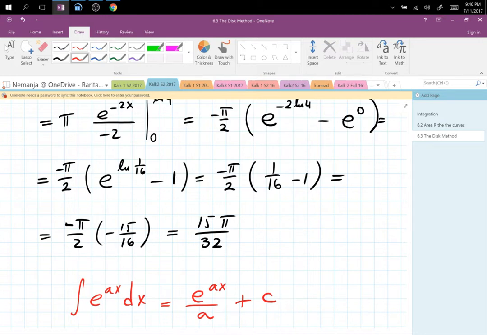Negative 2 brings it into the denominator, so it's like 1 over 4 squared. 1 squared is 1, and the denominator 4 squared is 16. The formula: x to the negative n is 1 over x to the n. So 4 to the negative 2 is 1 over 4 squared, which is 1 over 16.